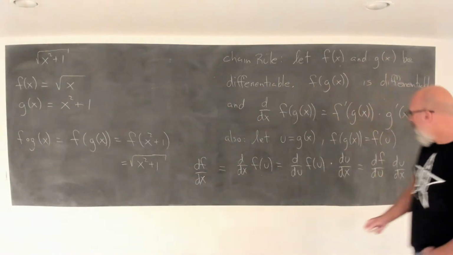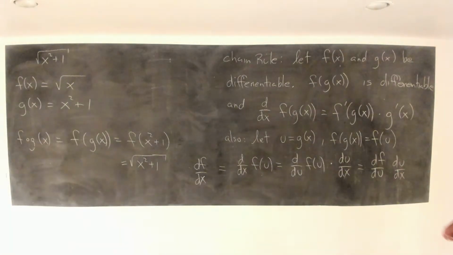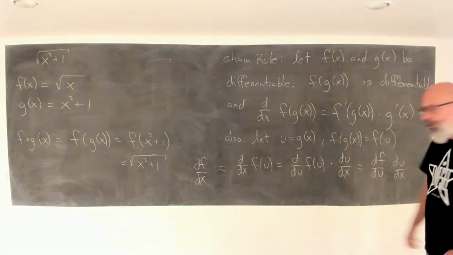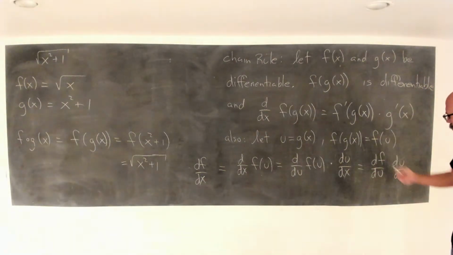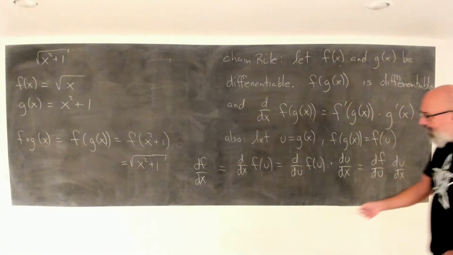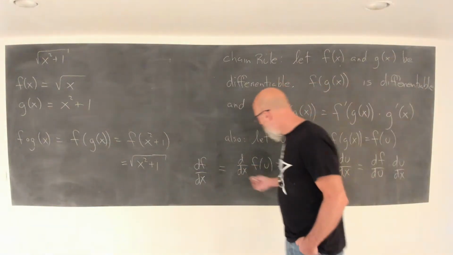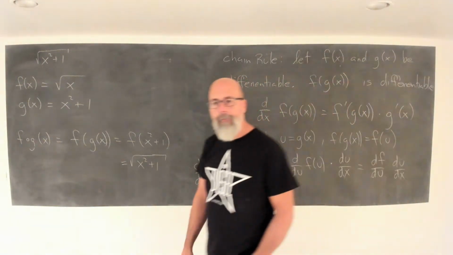In other words, df dx is df du du dx. This can be viewed, in a terrible abuse of notation, as follows: if you think of crossing out the du's, you're left with df over dx, exactly what you have here.